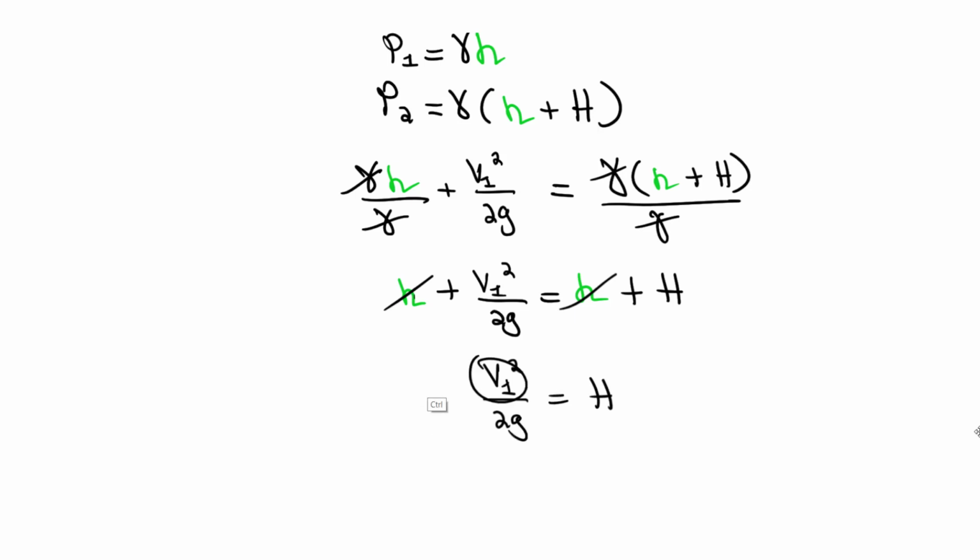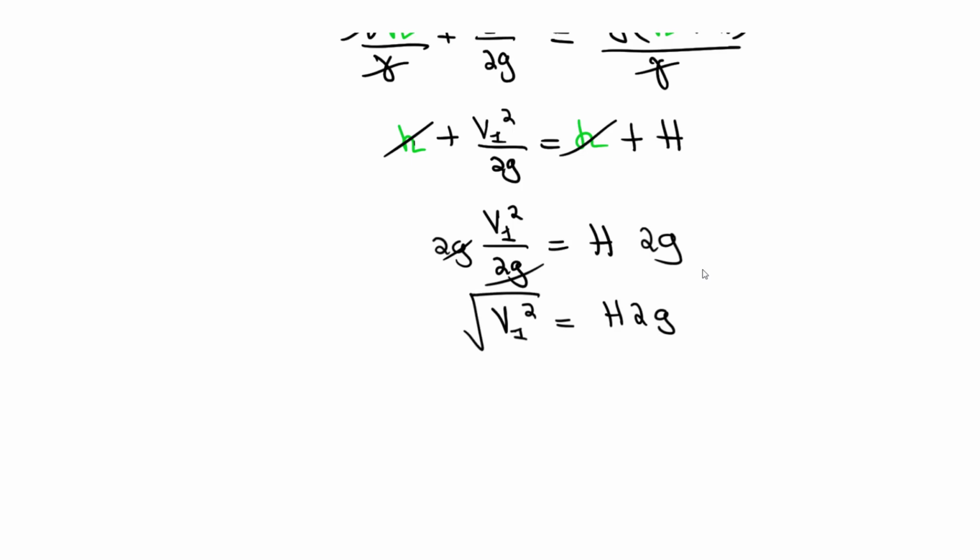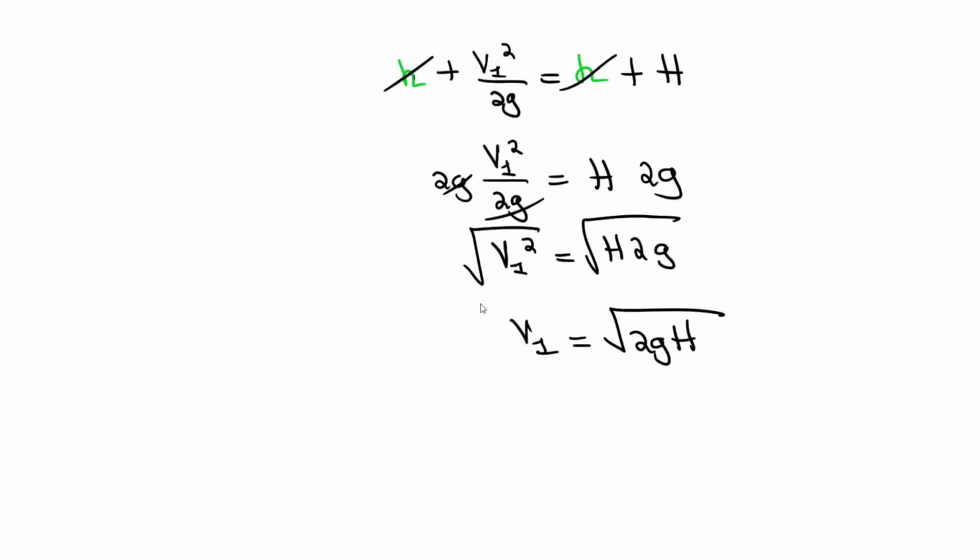We're solving for velocity, so we multiply both sides by 2g, cancel. Then at the end, we have velocity 1 squared equals h 2g. Then you take the square root of both sides to cancel the squared. So the velocity 1 equals the square root, I'm just going to write 2gh, right? What we have here. So now we have the equation for the velocity.